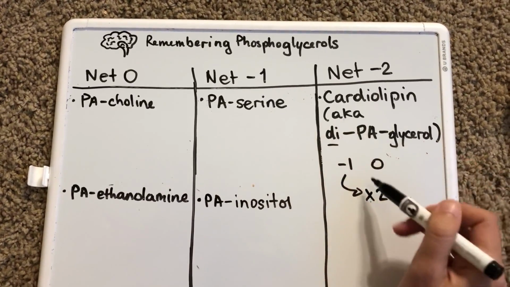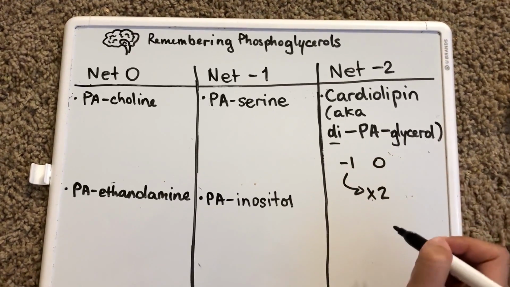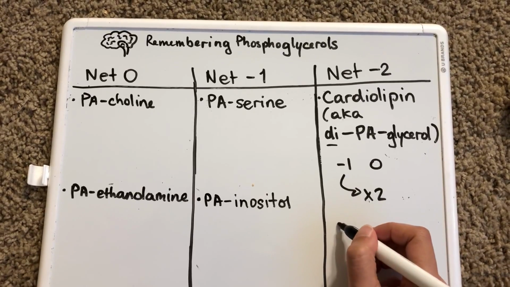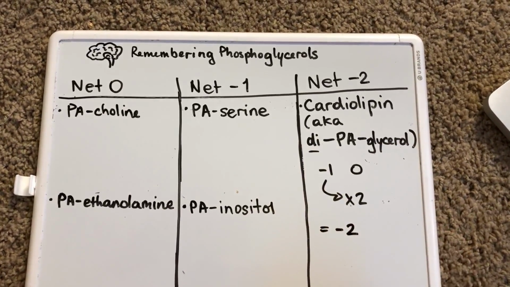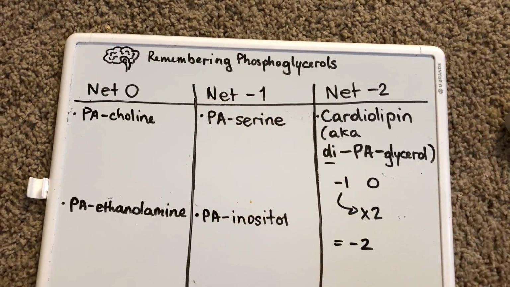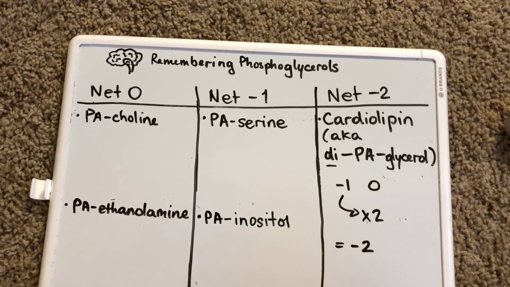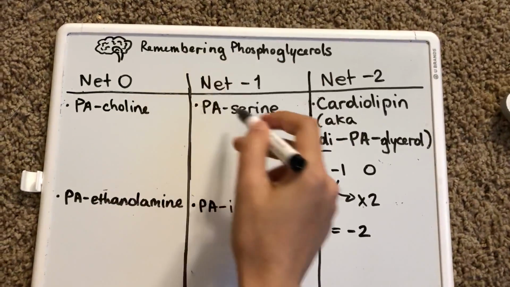We're going to have 2 phosphatidates and 1 glycerol, so our net charge is going to be equal to -2 for cardiolipin, and that's the only species we have that's a -2 charge. Then we can move on to the -1 charges.